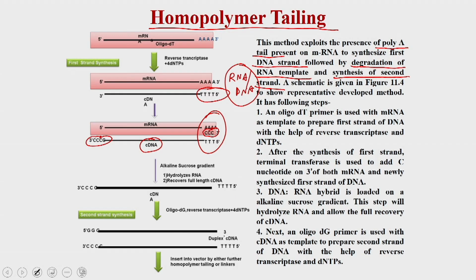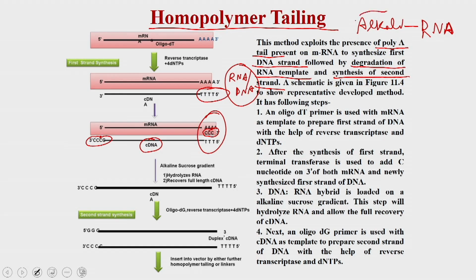Now, this DNA RNA hybrid, you will put onto the alkaline sucrose gradient, and you know that the alkaline solution is going to degrade the RNA, and it does not do anything to the DNA.